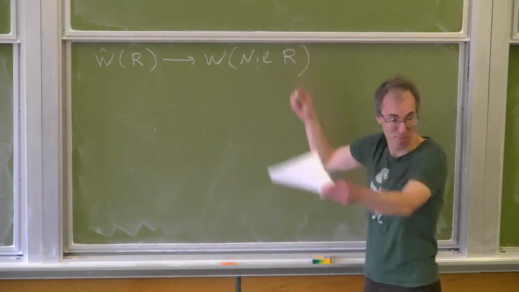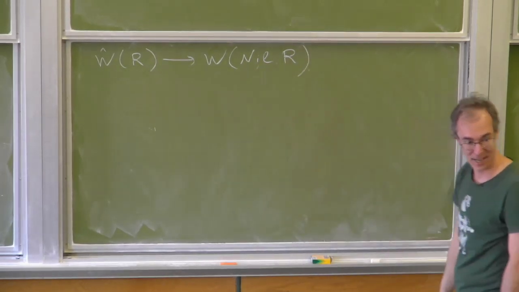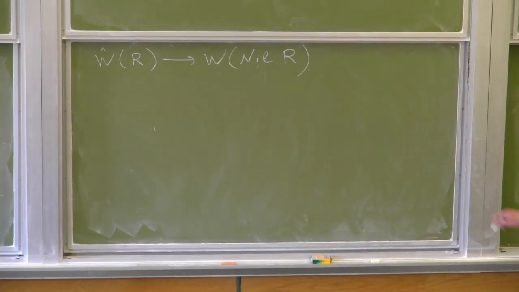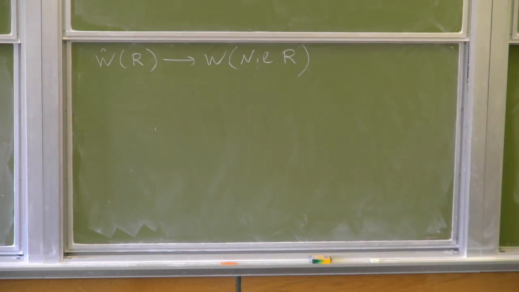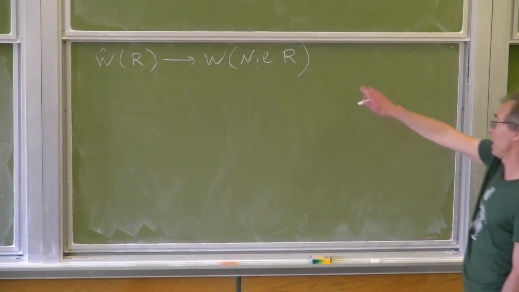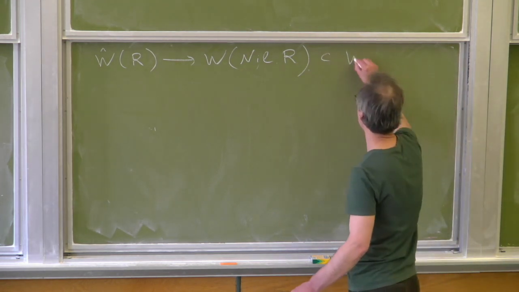You just formally add a unit, and then you take the kernel of the projection from W of R plus Z to W of Z. So this is a well-defined object, and this sits inside W.